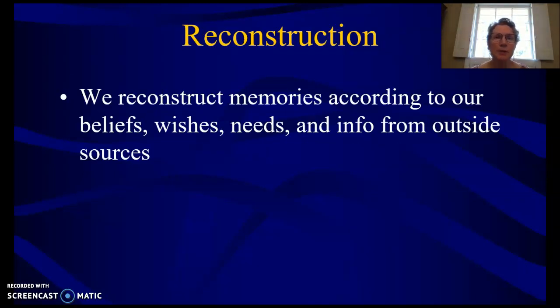Another aspect of forgetting is something called reconstruction. And here we reconstruct memories, we bring a memory back to mind, but it's subject to distortion, it's subject to error. So we might remember something that kind of fits in with our beliefs or with the way we wish it had gone.